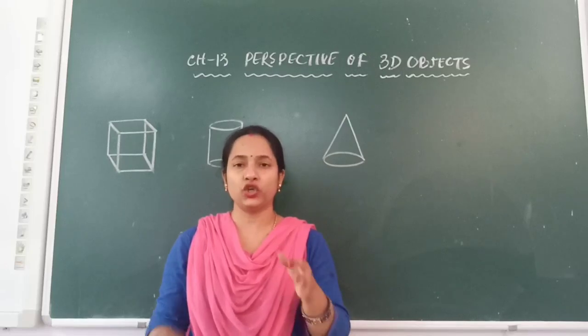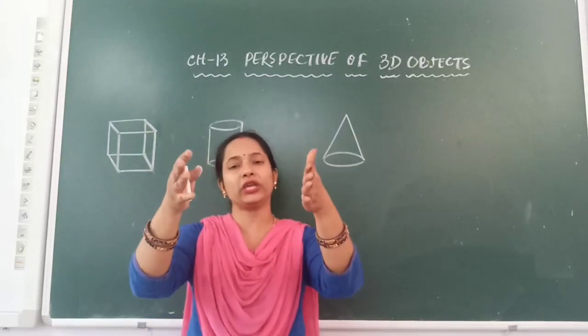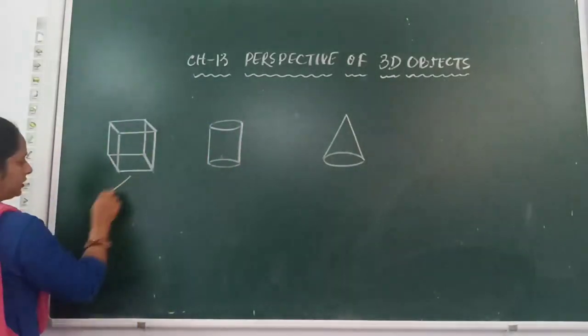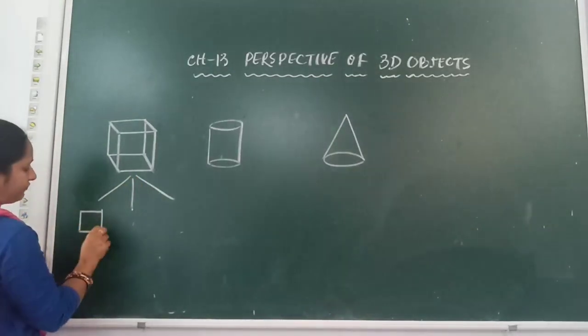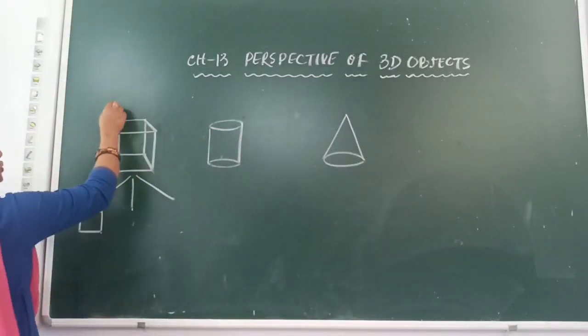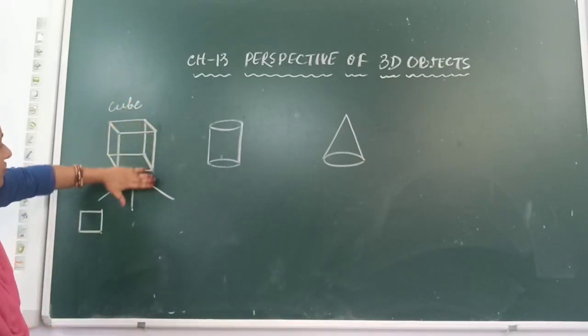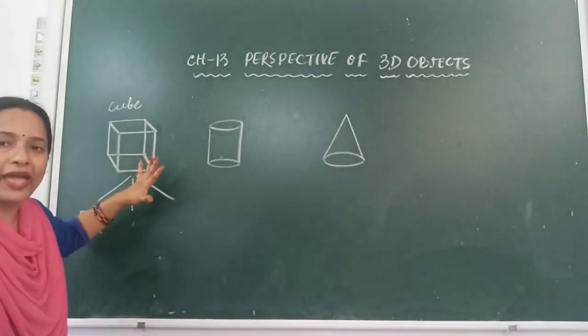So you can take that cubical Rubik's Cube and keep it in front of you and try to look at it exactly from the front. Then what do you find? If exactly from the front, it will look like a square, because the front face of a cube, or all the faces of a cube, are square in shape.